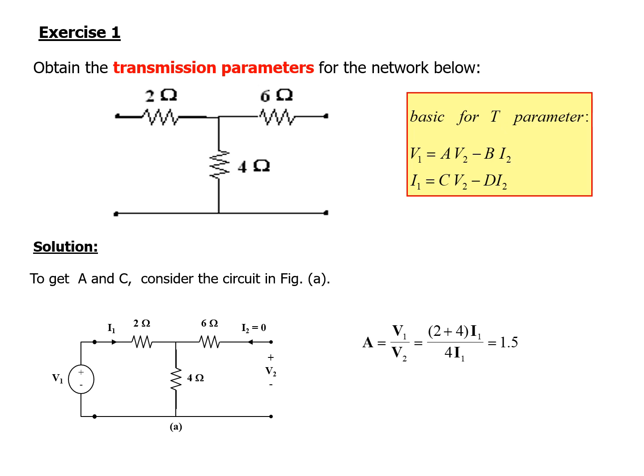Doing that, we get A equals 1.5. For C, it is I1 over V2, and V2 is the voltage across the 4 ohm resistor, that is 4 I1, and thus 1 over 4 makes it 0.25 Siemens.